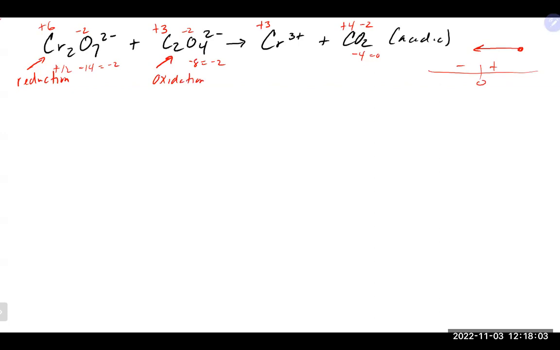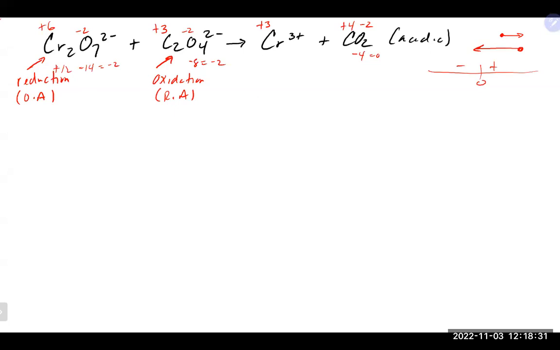We can see it by looking at the carbon. Carbon starts at +3, ends at +4, which means it's moving in the positive direction and is being oxidized. So that would mean that our dichromate would be our oxidizing agent, and the oxalate here would be our reducing agent in this case. Any questions on how to figure all that out there?